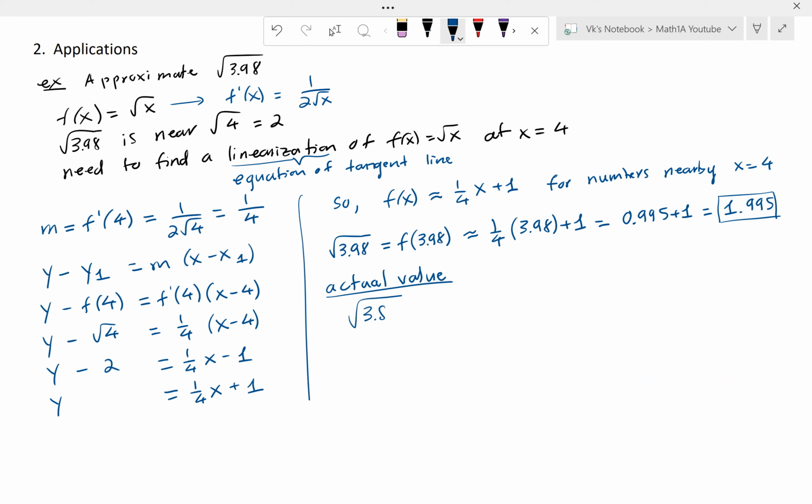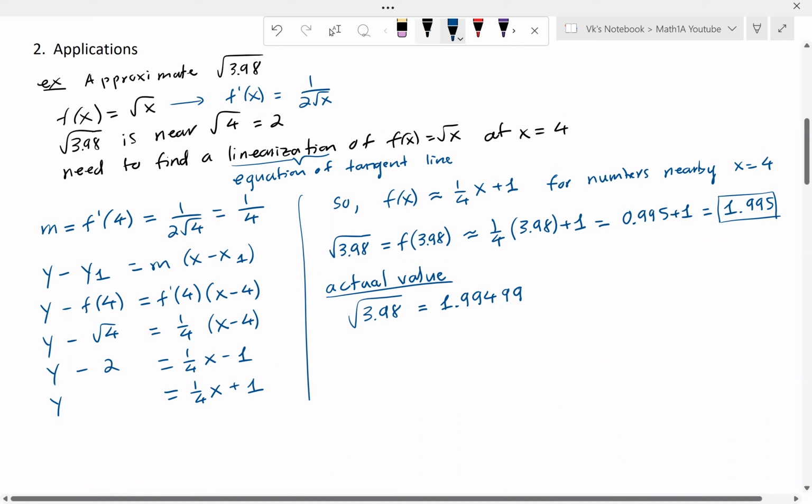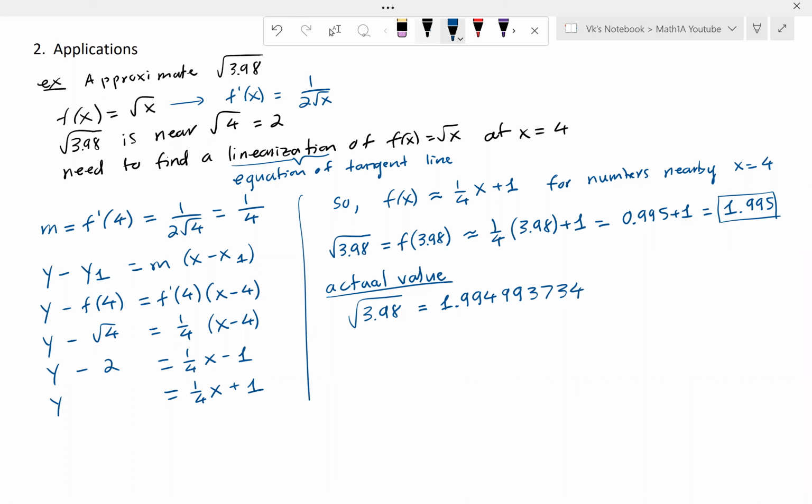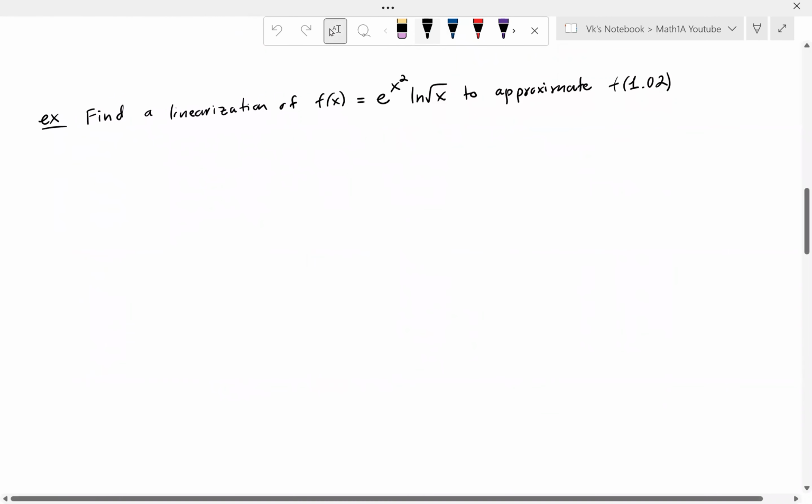Root of 3.98 using a calculator is 1.994993734. The approximation comes out to be pretty good. Let's do another example.